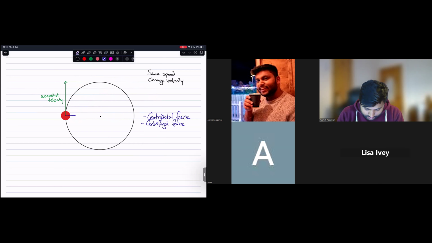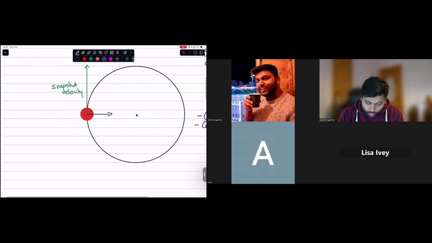And if you're sitting in this car, you feel like you're being pushed outwards, right? If this car's going really fast around and it's turning, you will feel like you're being pushed outwards. And that's because from your perspective, you're traveling in this snapshot velocity direction, which is out of the circle. So that's why it feels like you're being pushed into the door, the outside door.